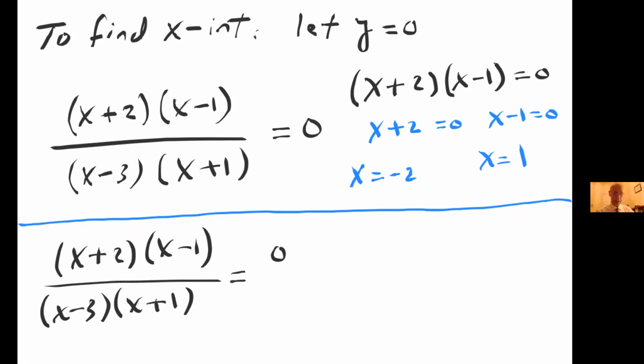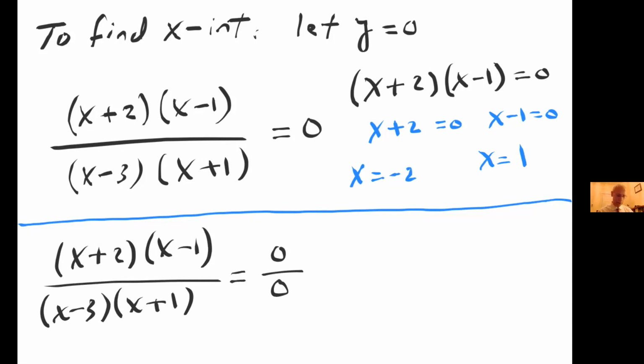This 0 on the right-hand side is not 0 over 0. 0 over 0 is undefined; even if you put it in your calculator, it will give you an error.